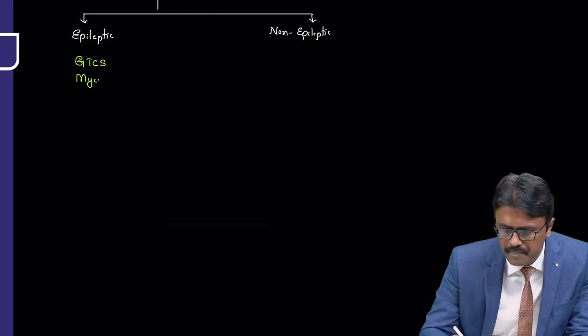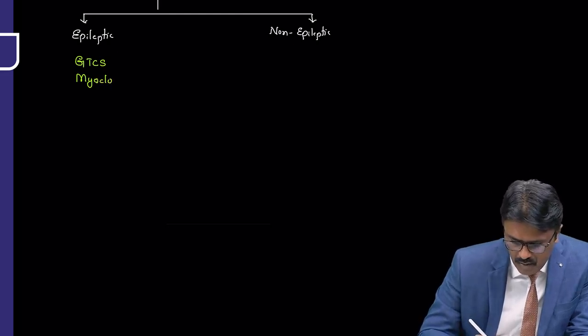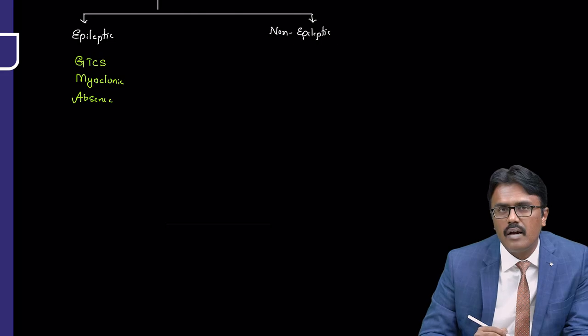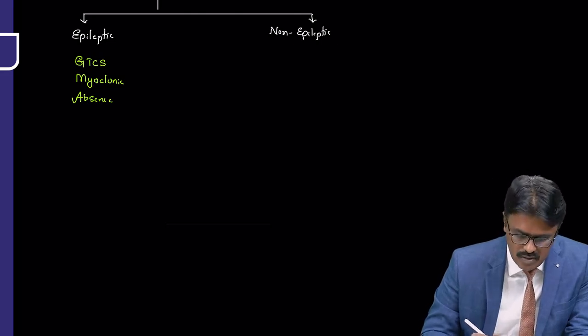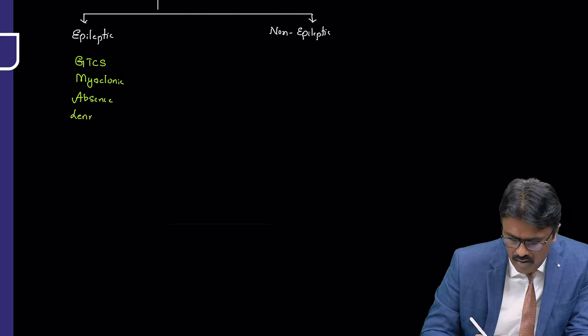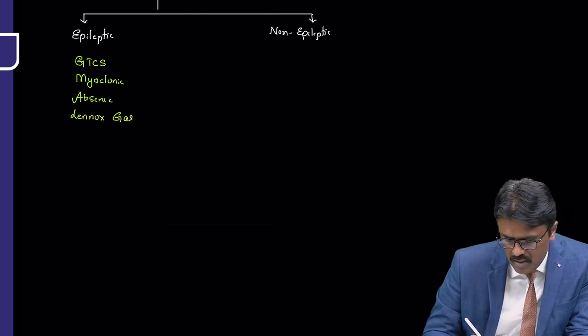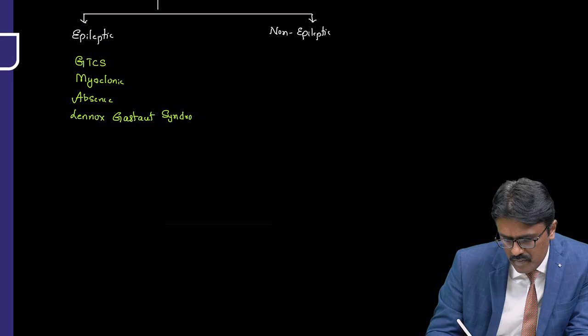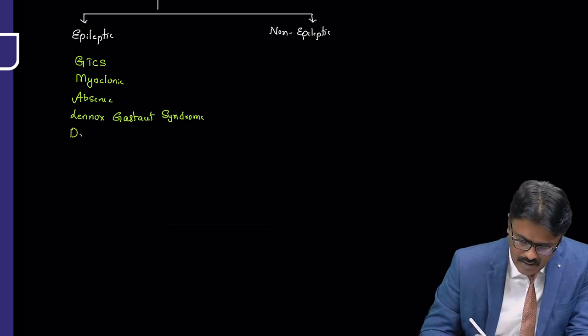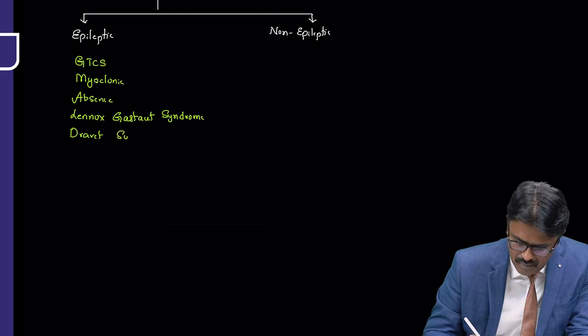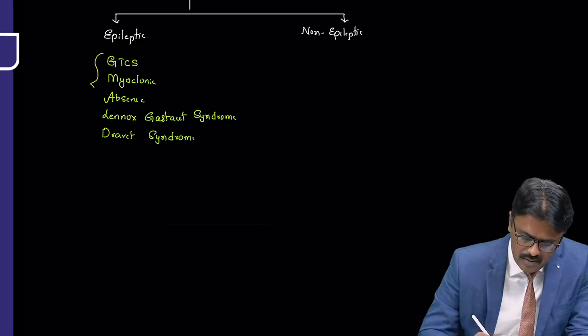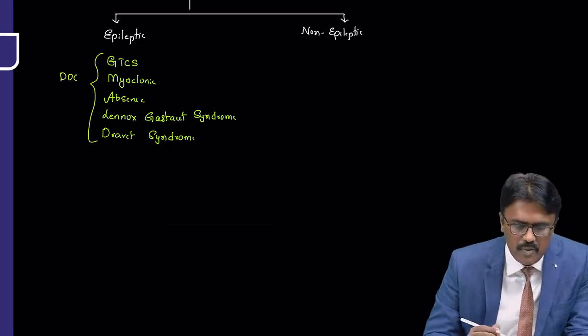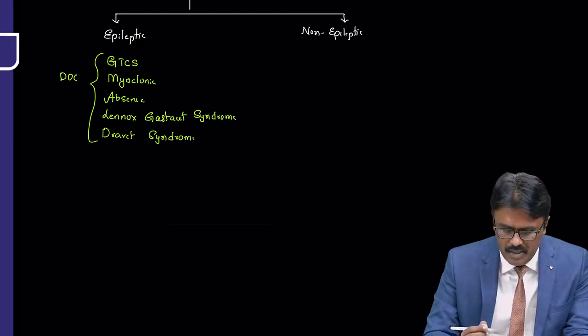It is used in absence seizure. It is also used in a syndrome called Lennox-Gastaut syndrome and Dravet syndrome. So for all these, valproate is the drug of choice.